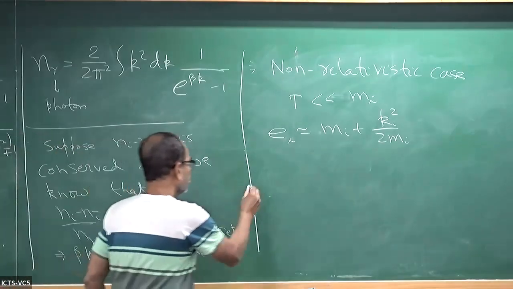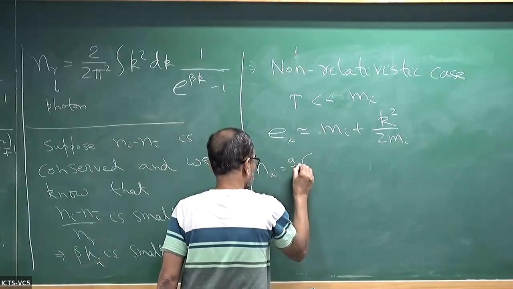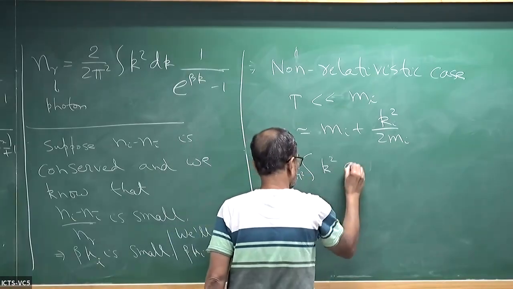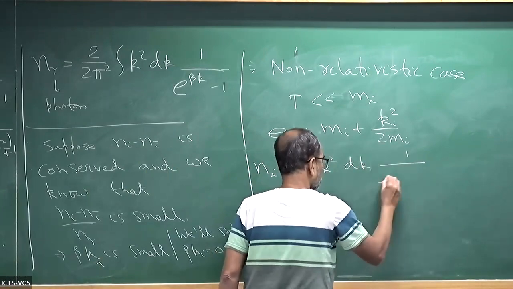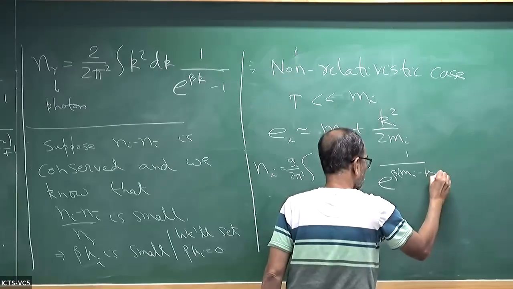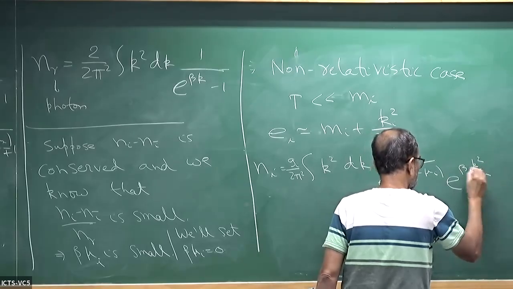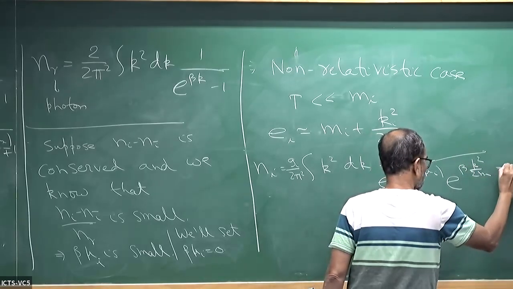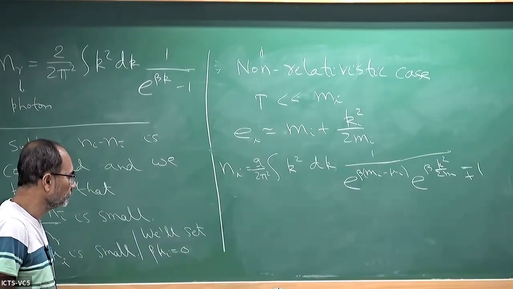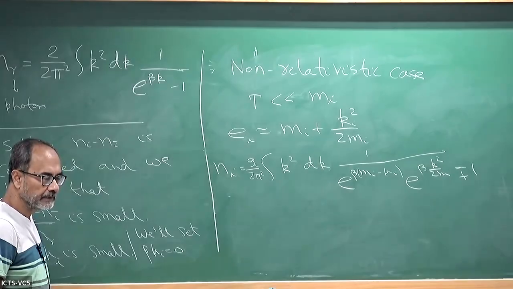So n_i will be given by the integral, G_i over 2 pi squared. Is this clear?